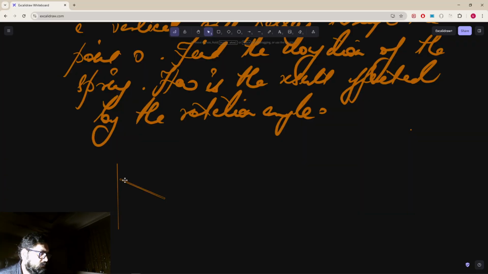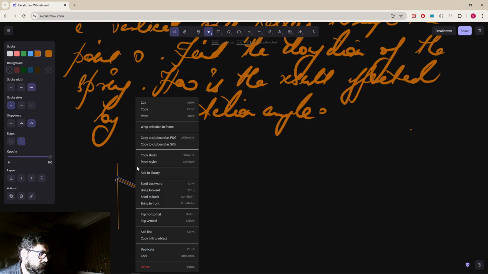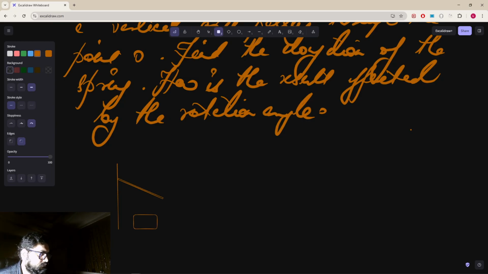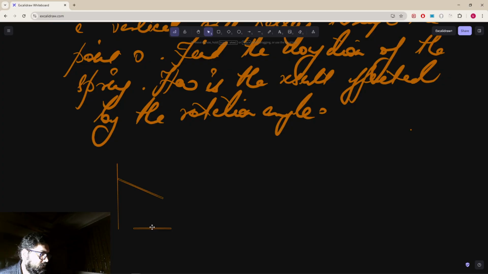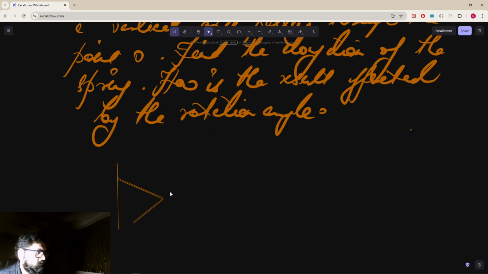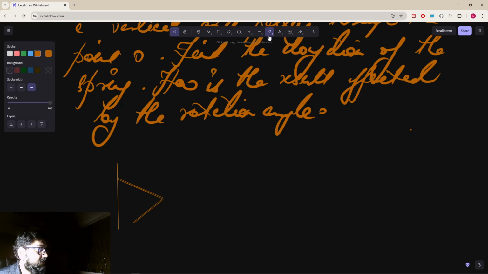Let's say this is my rod, and let me draw the other end of the rod. Alright, so this is my rod, and I have a body of mass m attached with this rod.